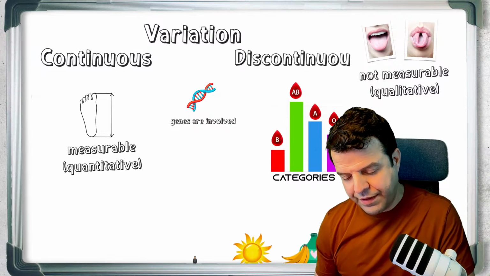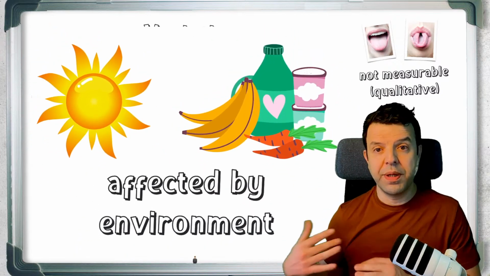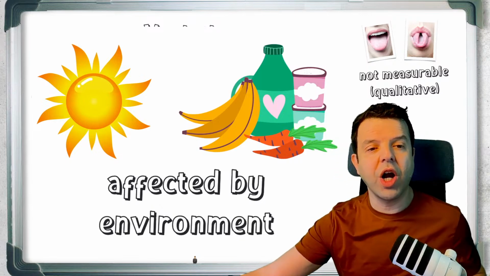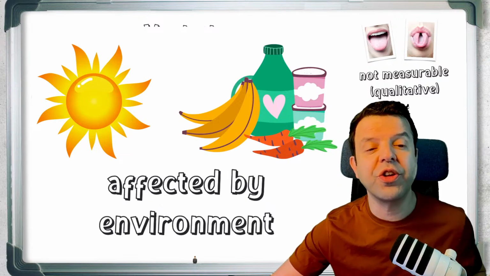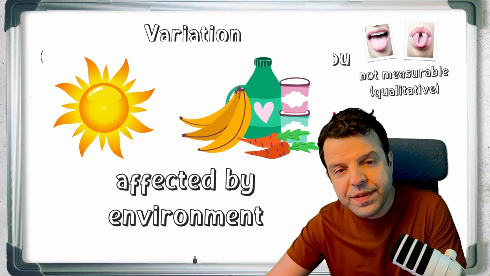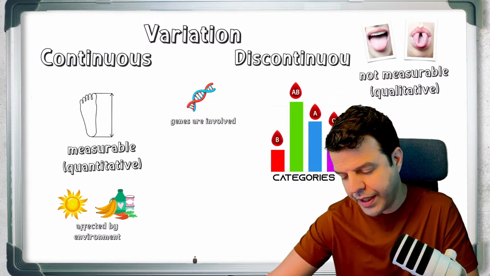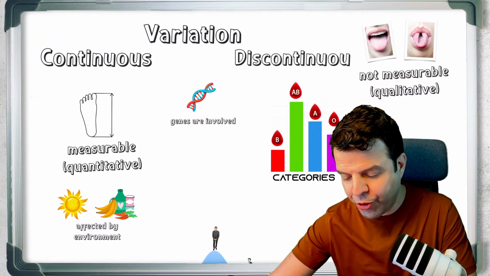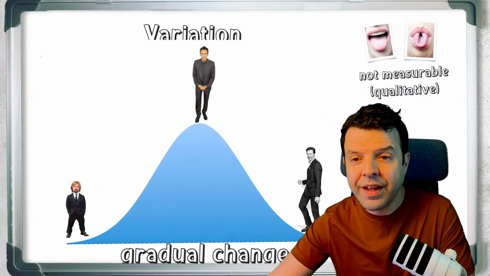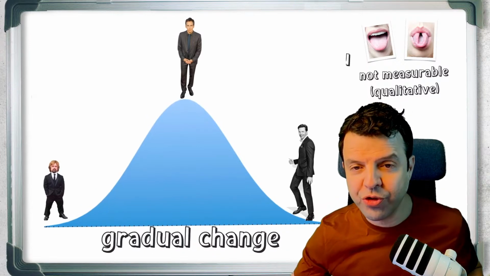All right? So this is a qualitative feature, not measurable, because we only have 2 categories. That's it. One more, if the feature is affected by the environment, if the feature changes with the environment, then it must be what? What did we just say about features that are environmental? We said that those are continuous all the way. And one last important feature of continuous variation is the fact that people show gradual differences.